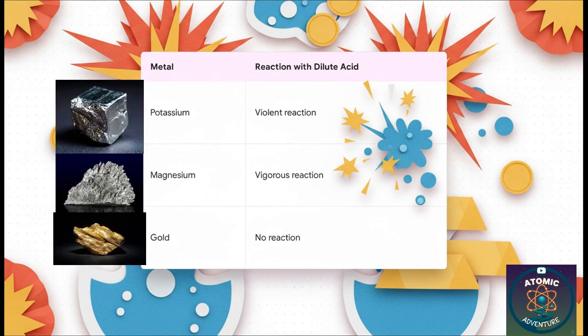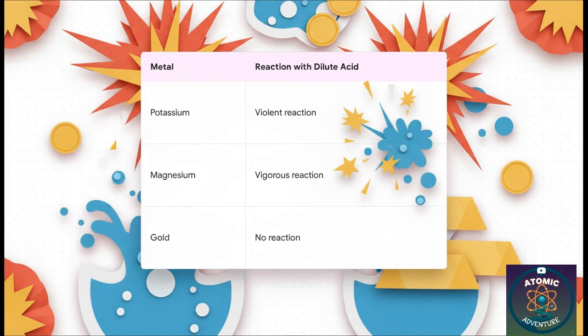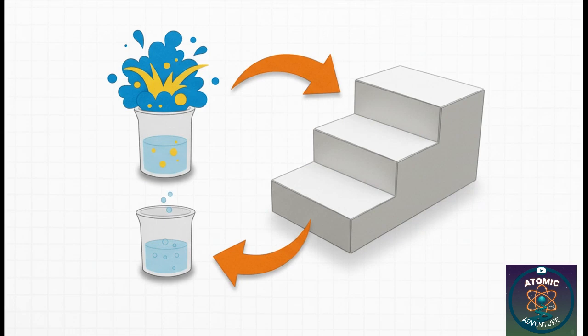Potassium, it's violent. Magnesium fizzes like crazy, but it's a bit more manageable. And gold, you could leave it in a vat of acid forever and nothing would happen. It's totally unreactive. So the rule here is actually pretty simple. The bigger the reaction, the bigger the fizz, the flame, whatever, the more reactive that metal is, and the higher up it goes on our series. It's all based on what we can actually see.